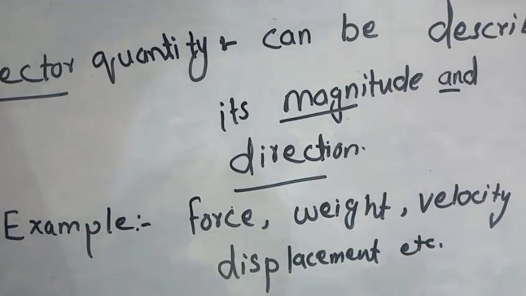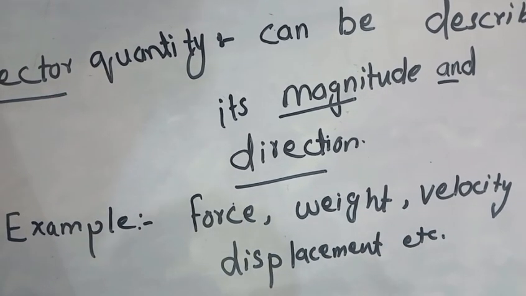These are examples of vector quantities, which have direction and magnitude both.